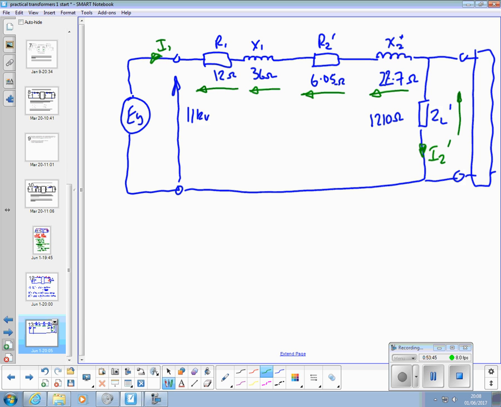So what did I put for D? Primary current, if the fully loaded transformer is supplied with its nominal voltage. So I want to find this current here.